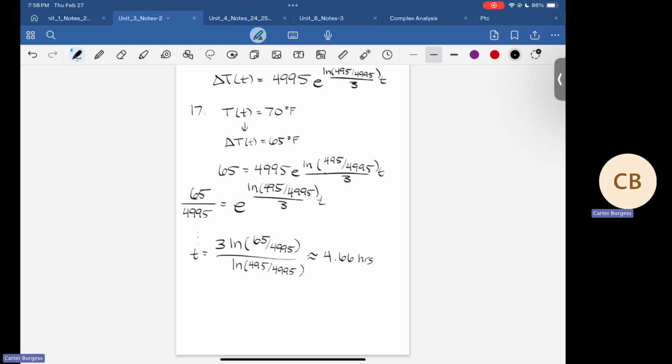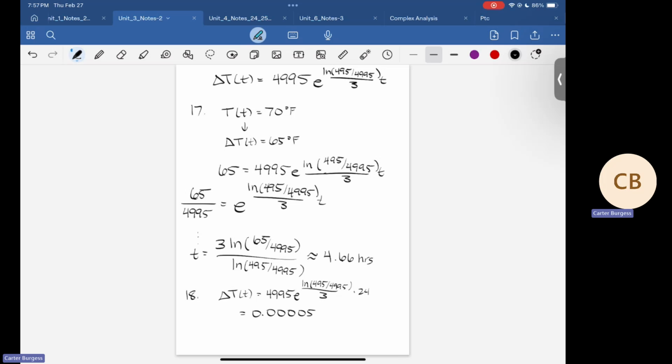And then number 18 asks what's going on after 24 hours. So our change in temperature is going to be 49.95 times e to the ln 49.95 over 3 times 24, which works out to be 0.00005.